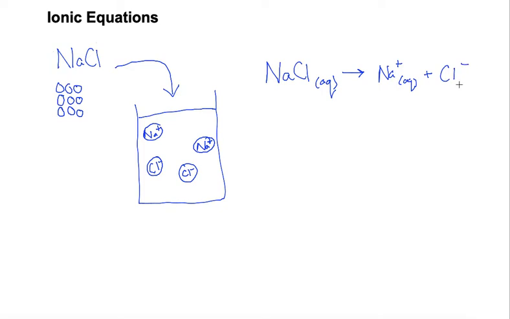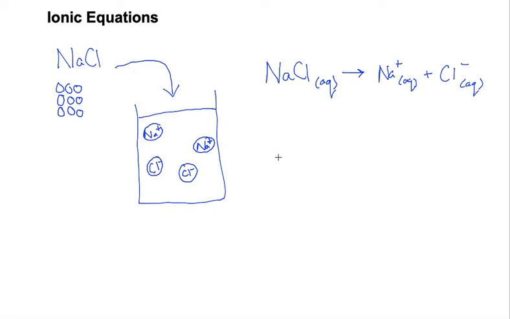That's what you have in your solution. It's no longer Na and Cl stuck together. But to make our lives easier in a chemical reaction, sometimes we just write it as NaCl(aq).